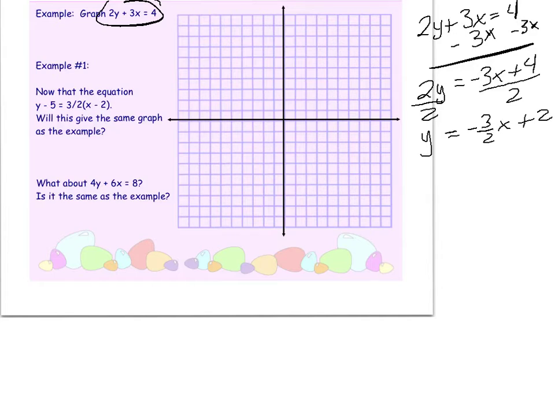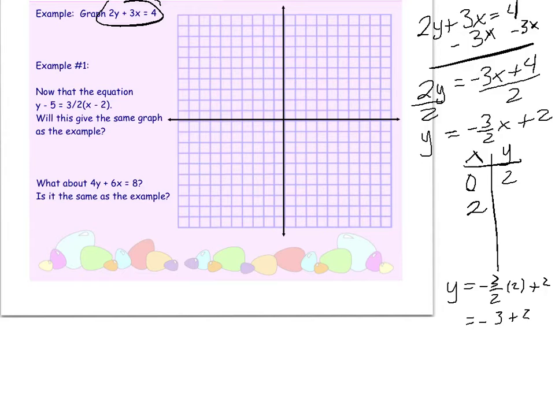So, now we want to graph this. So we have x and y. Easy x to graph is 0, and we're going to end up with y equals 2. And I'm going to pick 2 again for an x so that I have y equals -3/2 times 2, to cancel that out, plus 2, which will end up being -3 plus 2, which is -1.